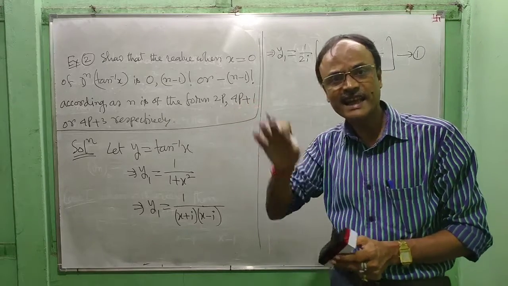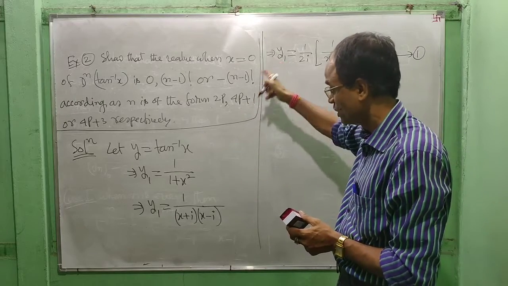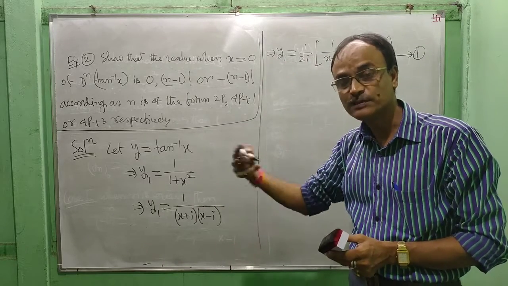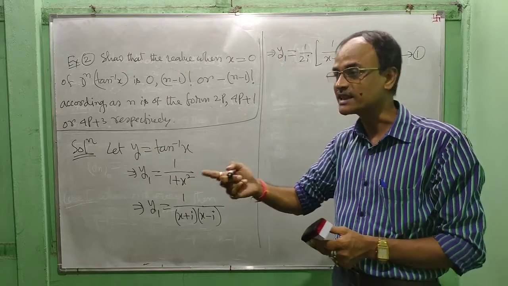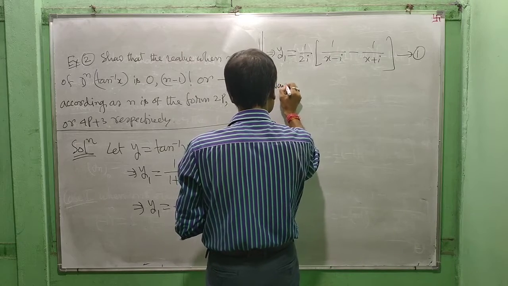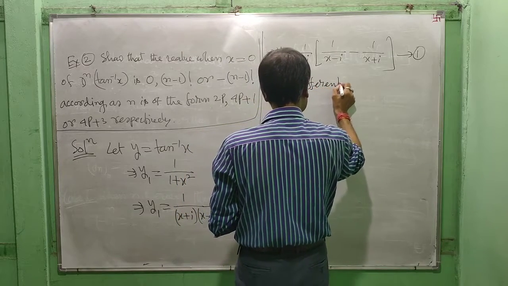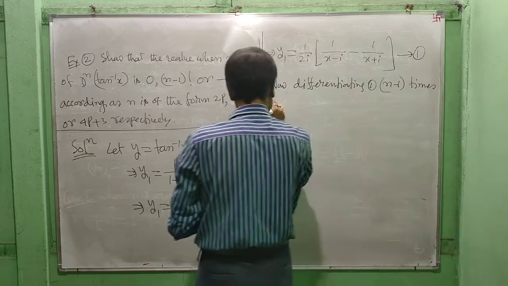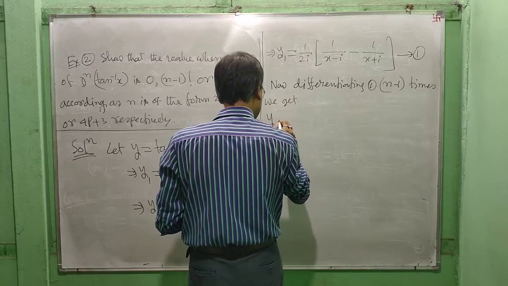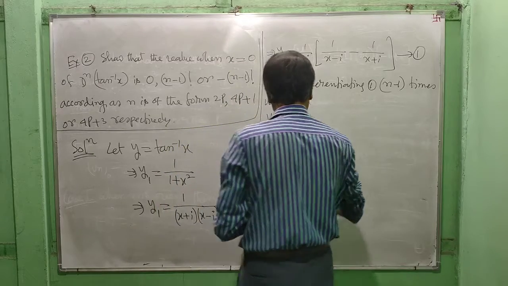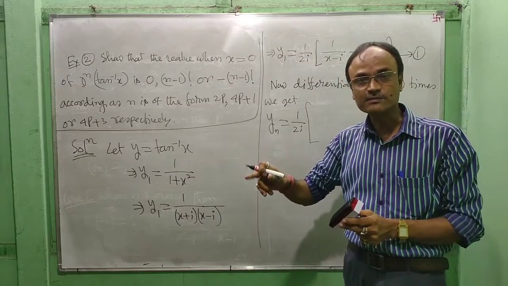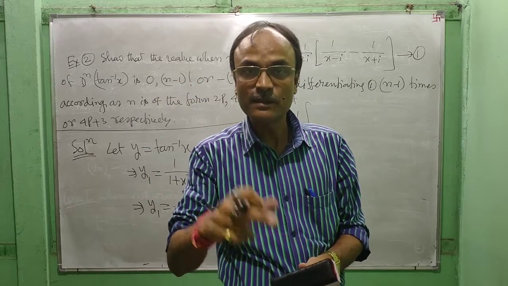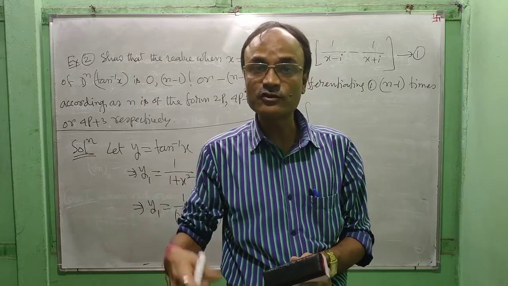Now differentiate 1 n minus 1 times, because we have already differentiated y once. We have got y1. To get yn, we have to differentiate y1 n minus 1 times. Now differentiating 1 n minus 1 times, we get yn equal to 1 by 2i times the following. If you differentiate 1 by x n times, the result is minus 1 whole to the power n factorial n divided by x to the power n plus 1.